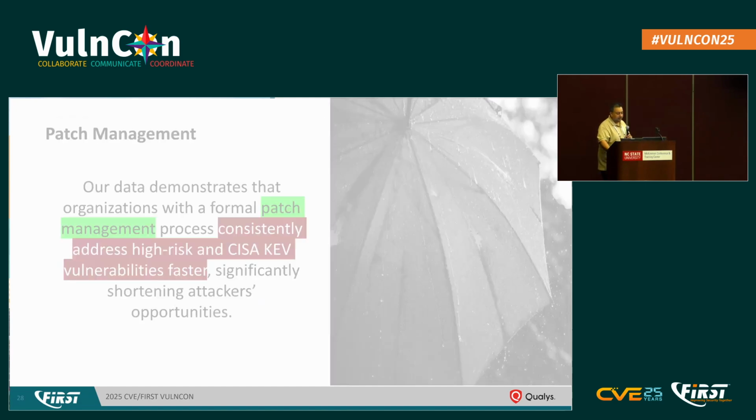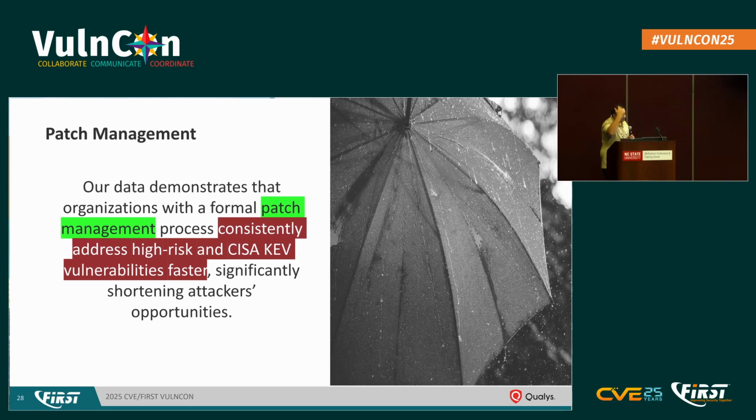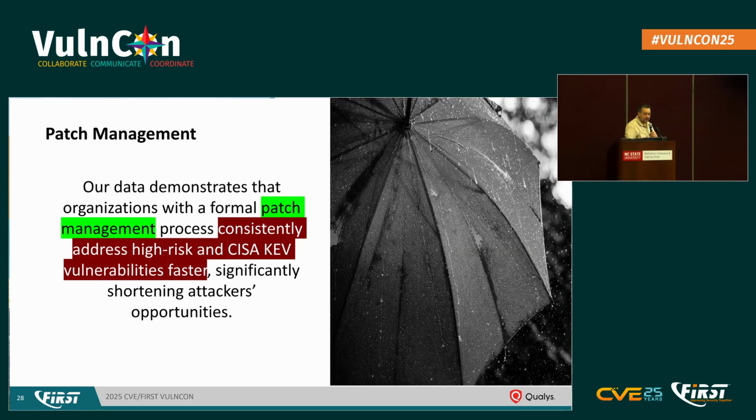The other data point that we looked at is patch management. I believe patch management these days is not optional, because when something can help you automate your patching or your workflow and put you ahead, it should be part of your toolkit. When we look at the data, I have another chart to show you.